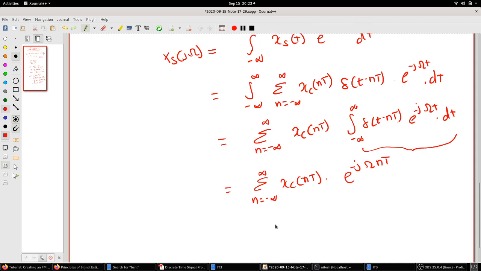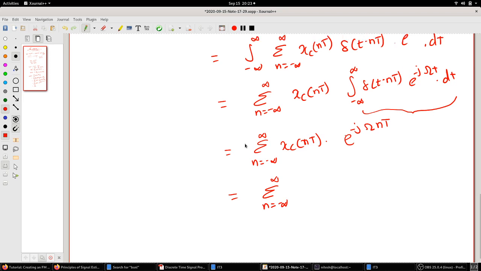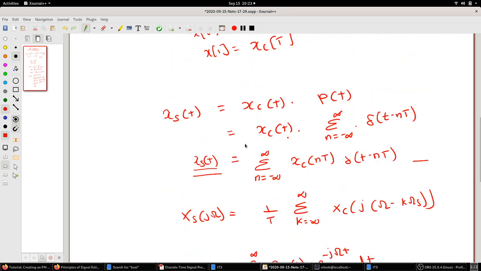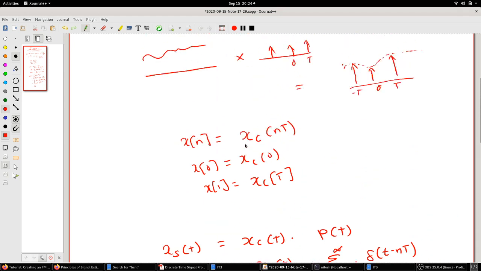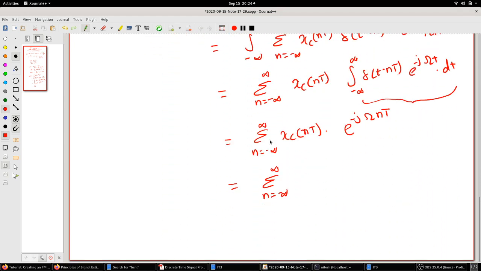Now I know that xc of nT is the same as x of n, the discrete time sequence. When the continuous time signal is converted into discrete time, those are the values that I get.